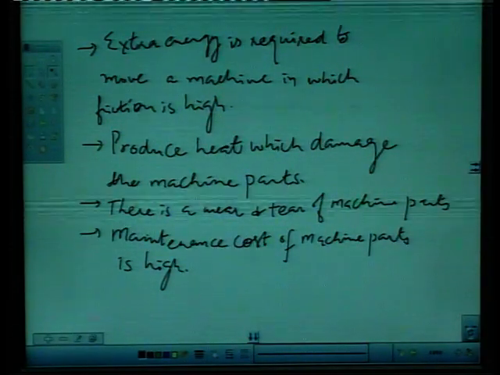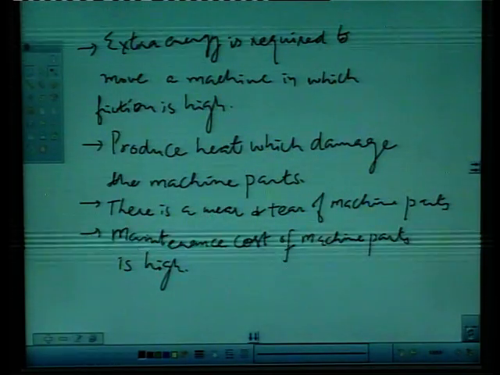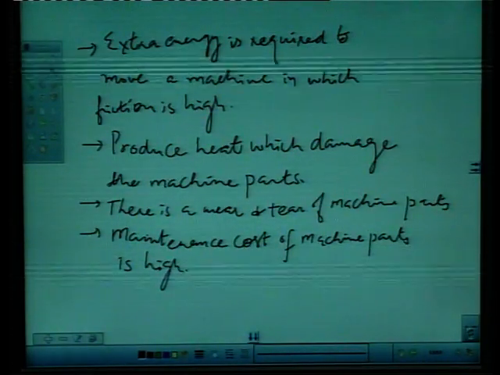So, these ill effects can be minimized using a thin layer of substance which makes the working of the machine smooth.